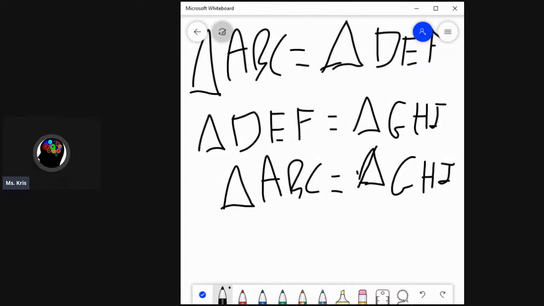So these are the three properties you will see and deal with when it comes to congruency of a triangle.